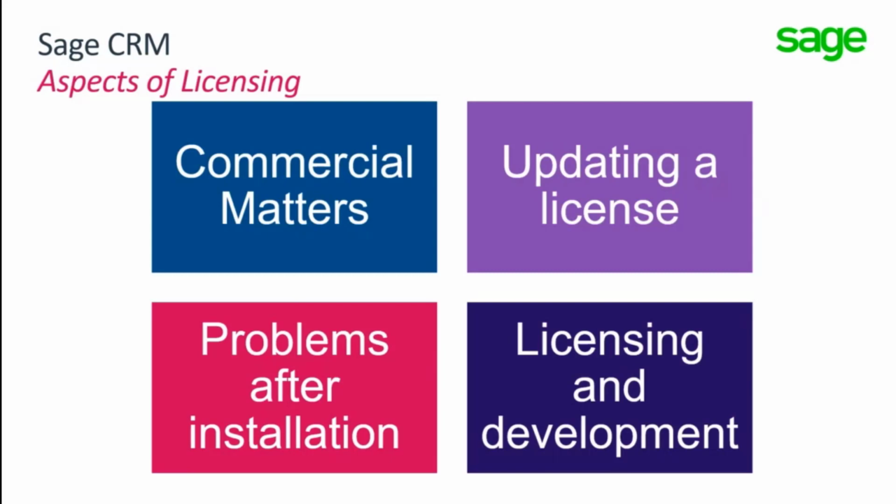We've looked at the problems that may occur after installation. We've also considered some questions about the right way of carrying out an update of a license, as well as thinking about the matters around development and some of the extensibility of Sage CRM and how that impacts licensing.